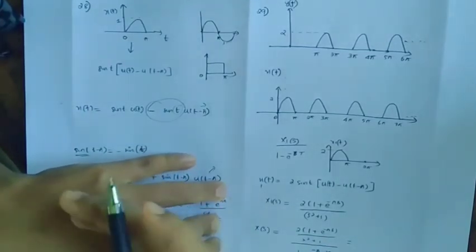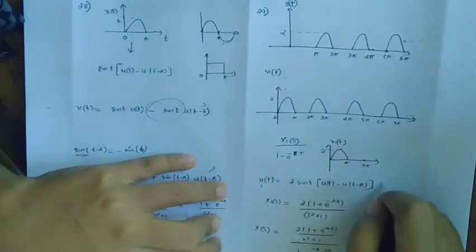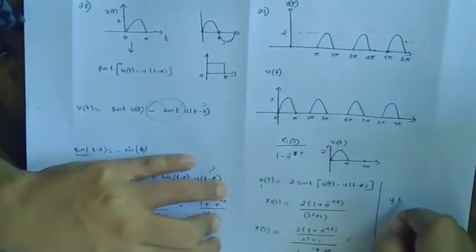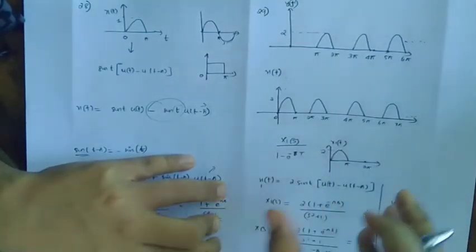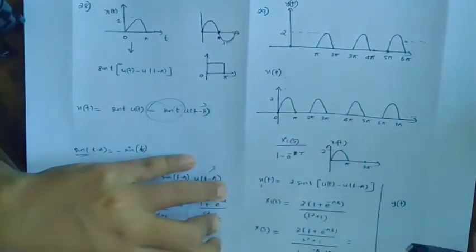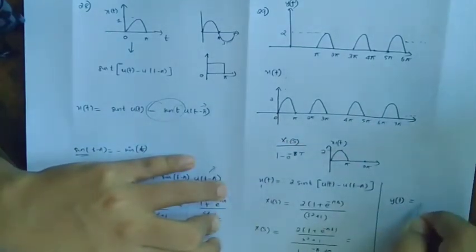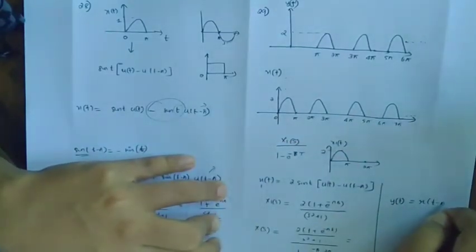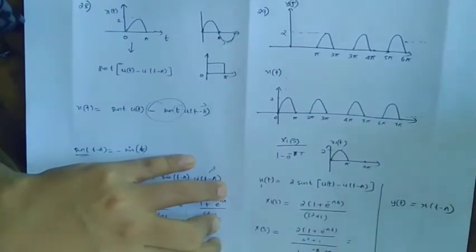So, what is the relationship between y of t and x of t? I'll just write it here. So, y of t is actually the shifted version of x of t. Or in other words, x of t when shifted to the right side by pi, we'll get y of t, right? So, x of t minus pi, that is the difference.